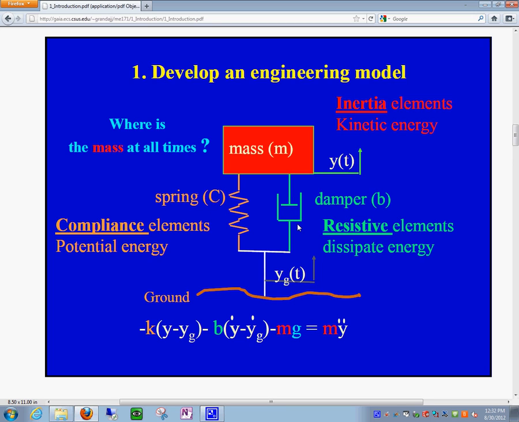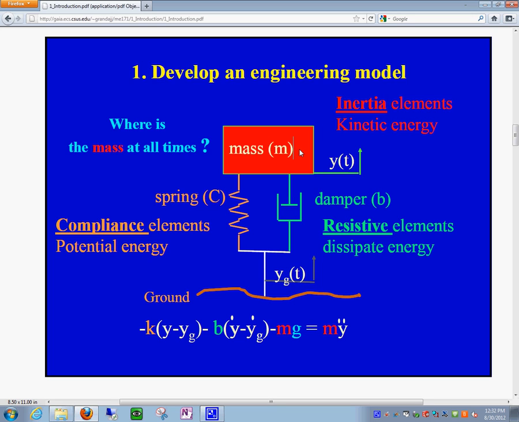I think it would be a good idea for us to look at, in general, some simple system like this. I think the effort that I made to do the color coding is going to help you. See here, this red color is identified with the inertia element.